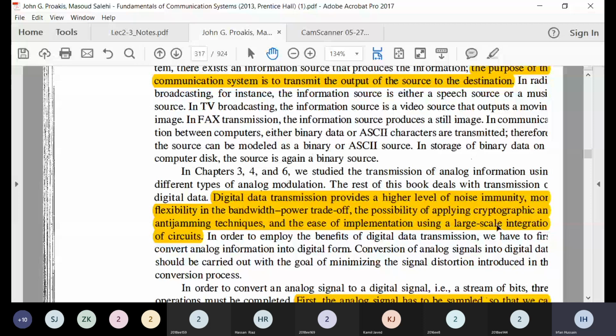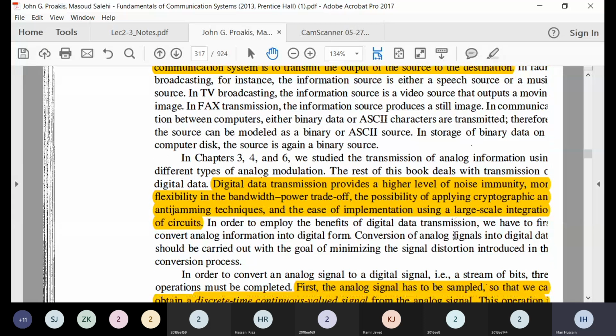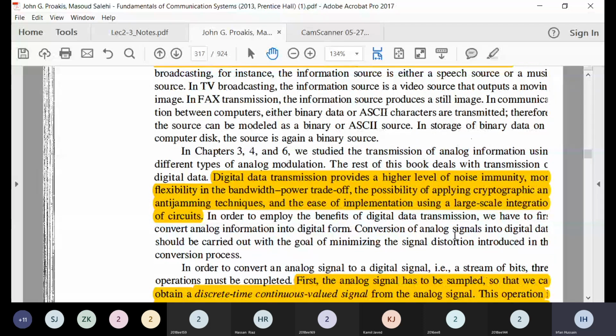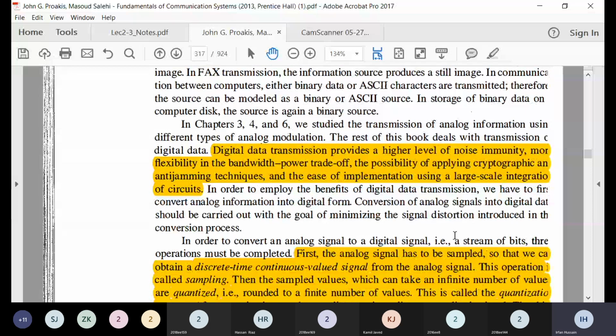Then the most important, that you can use large scale integration circuits, and you can then apply a large amount of digital signal processing techniques to optimize your solution. So these are the various advantages of going digital.